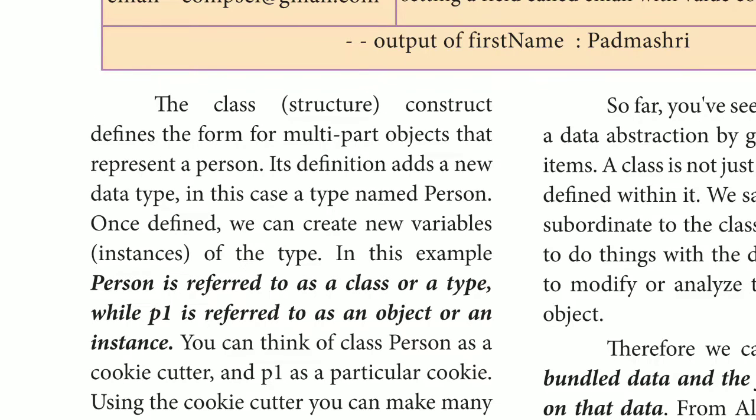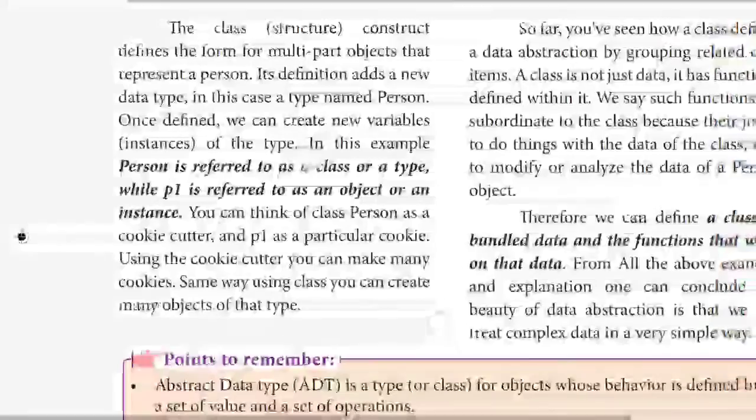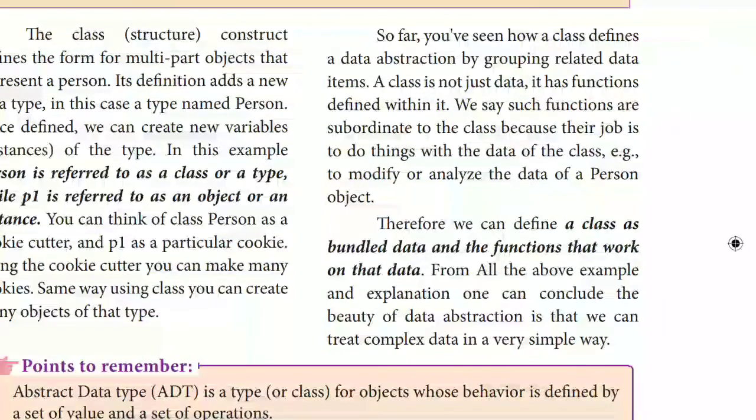So p1, p2, p3 are persons which have different first names, last names, phone numbers, and email ids. Here comes the main part. A class is the common items that every object has, but an object is a unique value of the common attributes. This is what is given here, and you can read it.